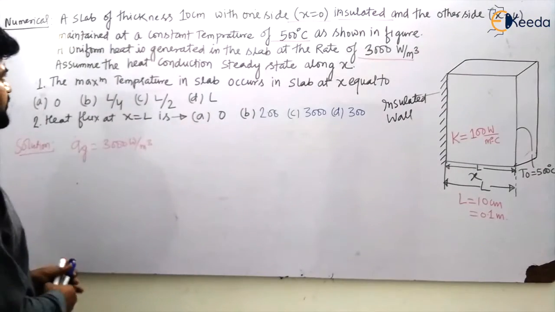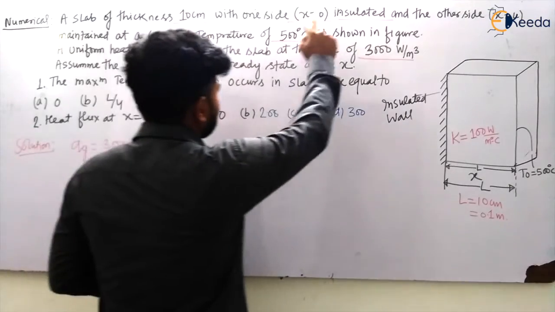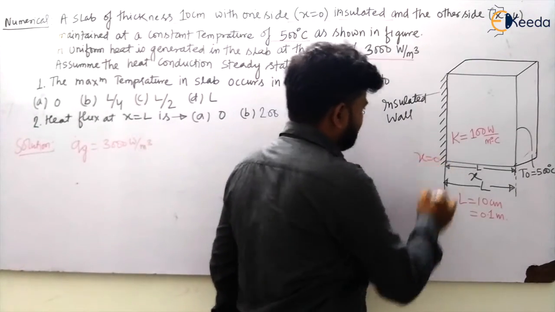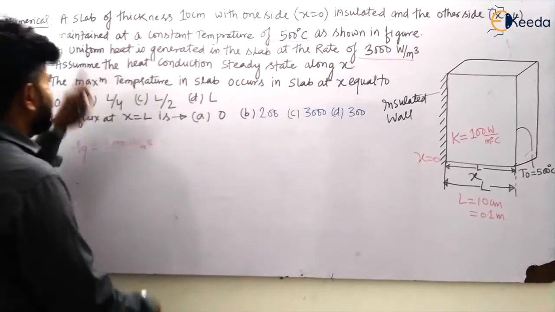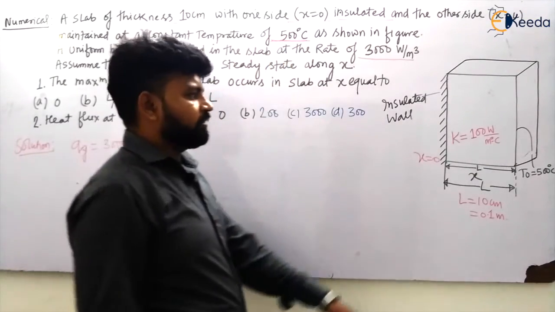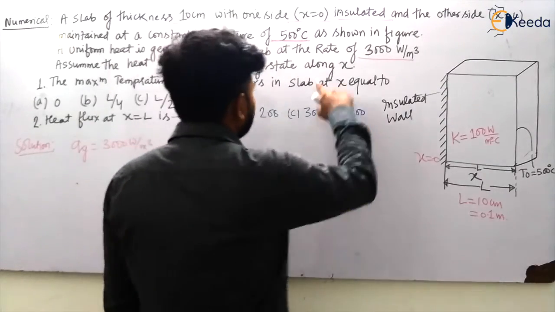Now a slab of thickness 10 centimeter with one side, x equal to 0, insulated. So they have insulated that slab at x equal to 0, and the other side at x equal to L is maintained at a constant temperature of 500 degrees Celsius, as shown in the figure.